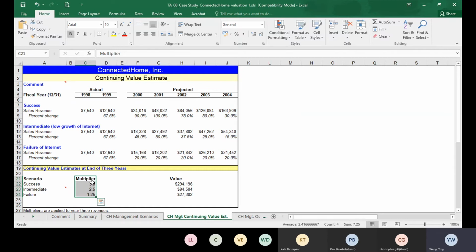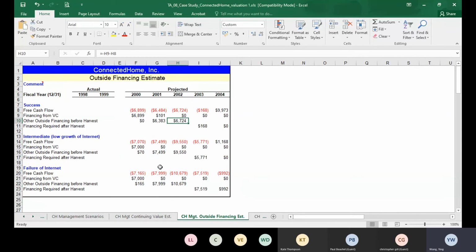They propose this multiplier. If it is a success, the multiplier of the 5th year will be 3.5, and that's the value for continuous growth. If it is a failure, 1.25. If it is intermediate, they choose the middle, 2.5, and that's the value for the business. And they consider the outside financing for each one of them.